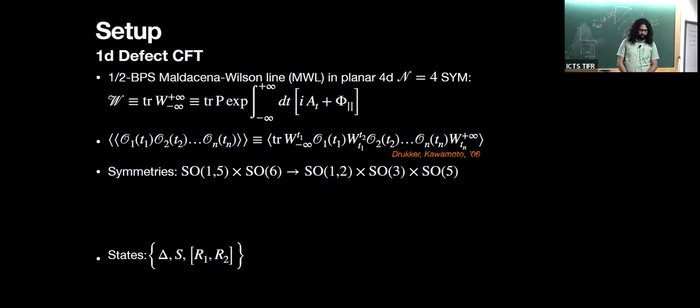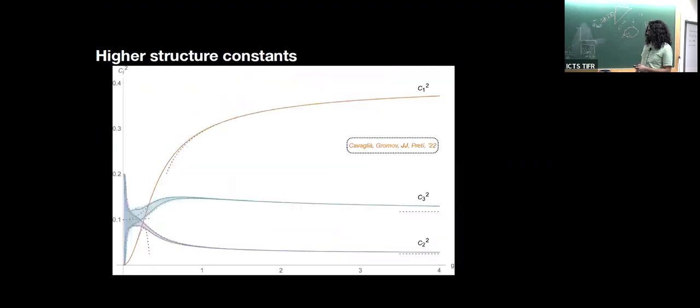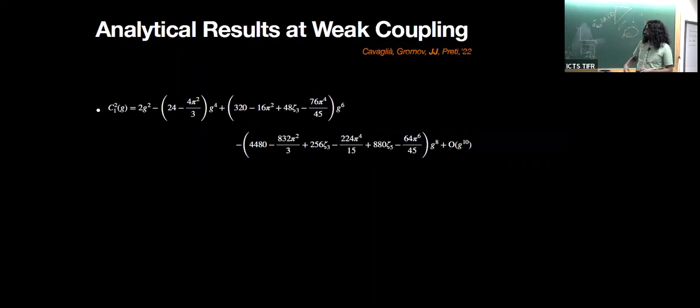You showed up to 4 loops for the first structure, for C1 square. How did people compute this? We computed this. The way you do it is you make a basis of HPLs, harmonic polylogs. You assume the structure constant has this form with some uniform transcendentality at each order.